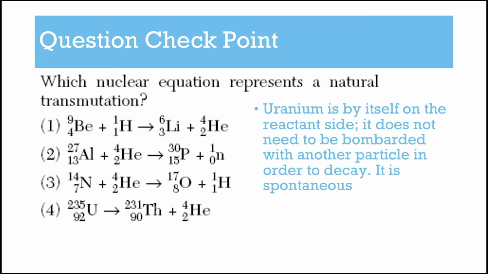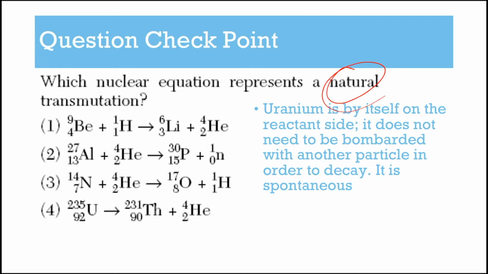So, a quick checkpoint question, not on your note sheet, just in the video. A video special question: which nuclear equation represents a natural transmutation? Take a second, pause the video to answer this question. And welcome back to those of you that actually paused and tried this.